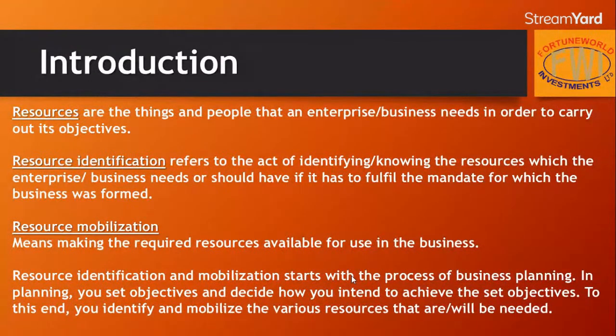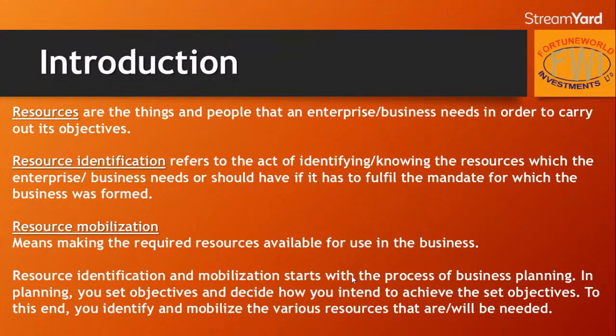Now, let us go to the first part of the lesson. We are looking at resource identification and mobilization. So we'll be explaining what these words mean. So in our introduction, we are saying that resources are the things and people that an enterprise or a business needs in order to carry out its objectives.